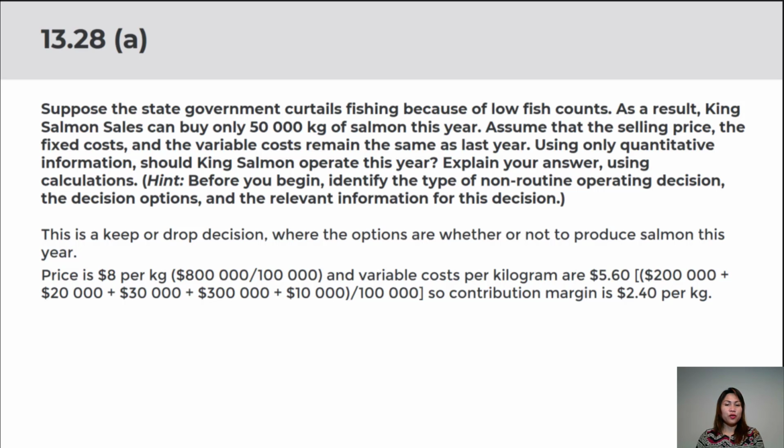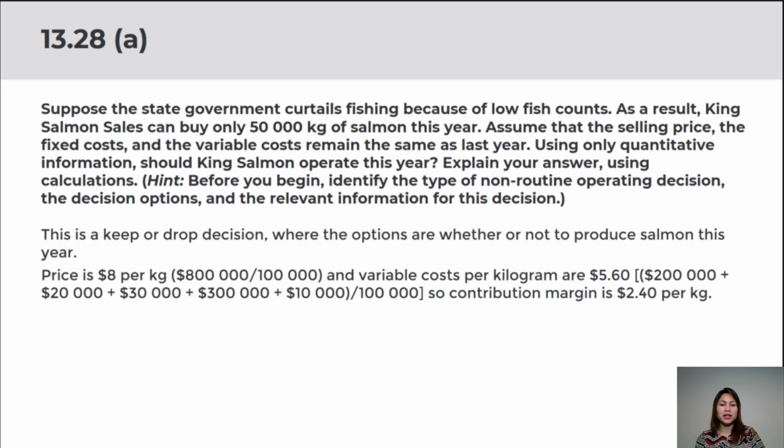Which of that information is relevant to your decision? Price $8 per kilogram, so that is relevant, and then variable cost per kilogram, $5.60. It is calculated from 200,000 plus 20,000 plus 30,000 plus 300,000 plus 10,000 divided by the 100,000 kilograms that you usually produce per year.